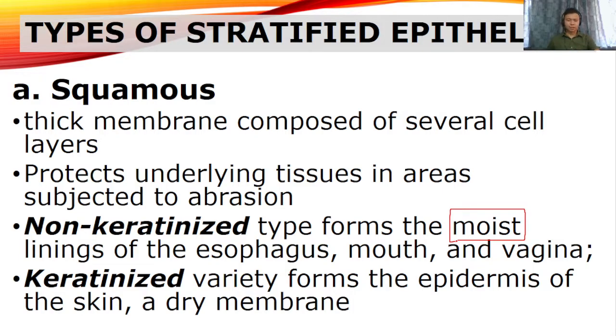So in the esophagus and mouth, there is a continuous secretion of saliva, okay. These usually coats the linings of the mouth and the esophagus, wherein it traps dirt, it allows us to moisten our food, and also for the easy swallowing of our food, of course, after we chew it.